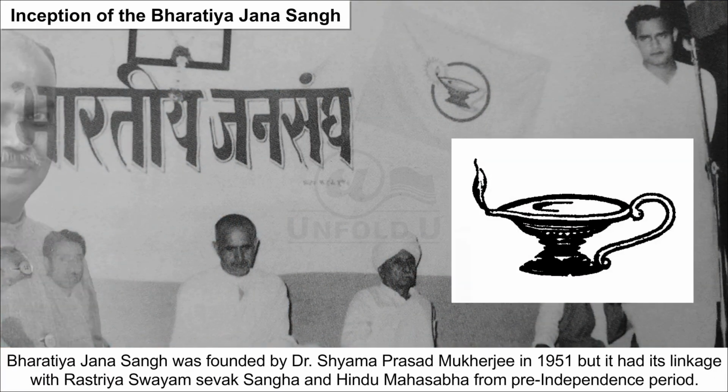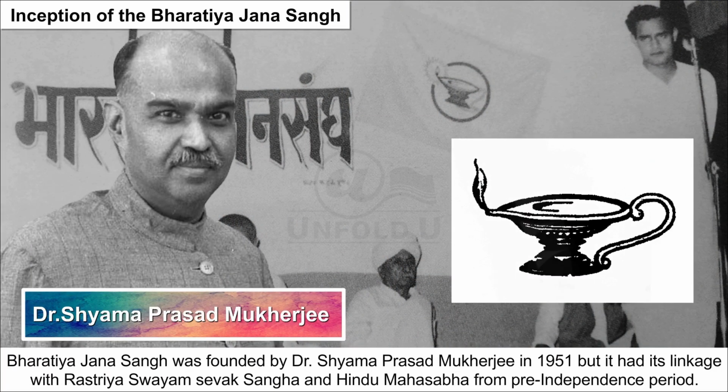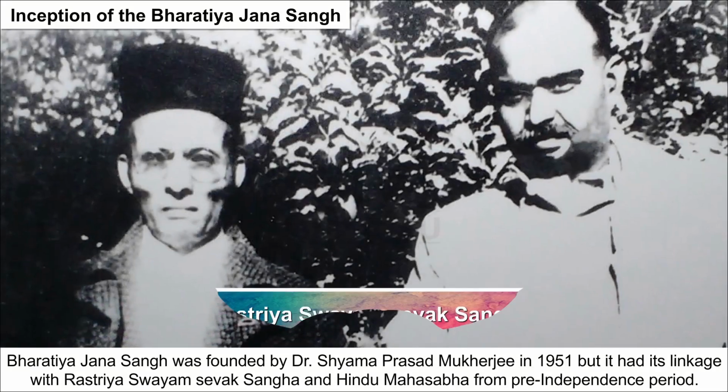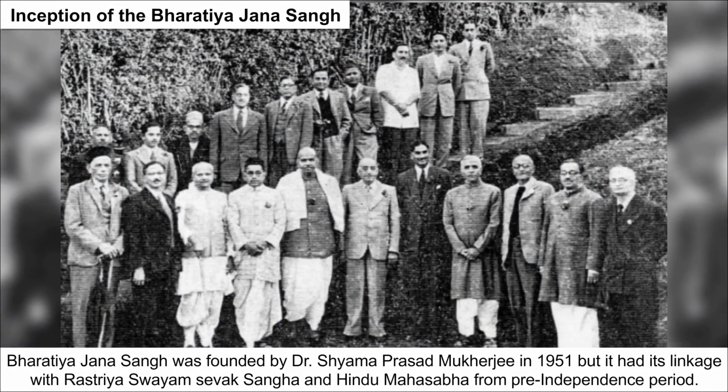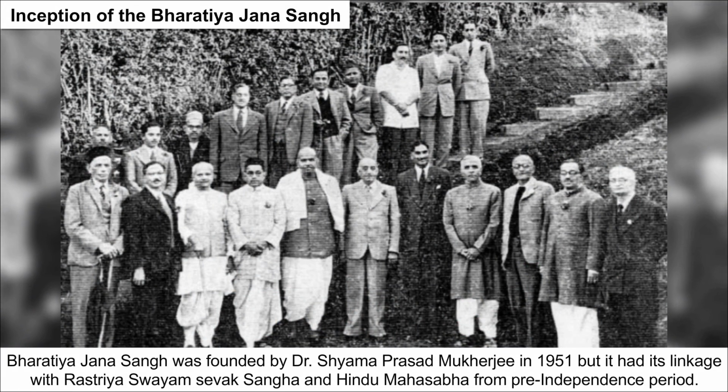Inception of the Bharatiya Jana Sangh. Bharatiya Jana Sangh was founded by Dr. Shyama Prasad Mukherjee in 1951, but it had its linkage with the Rashtriya Swayamsevak Sangh and Hindu Mahasabha from the pre-independence period.